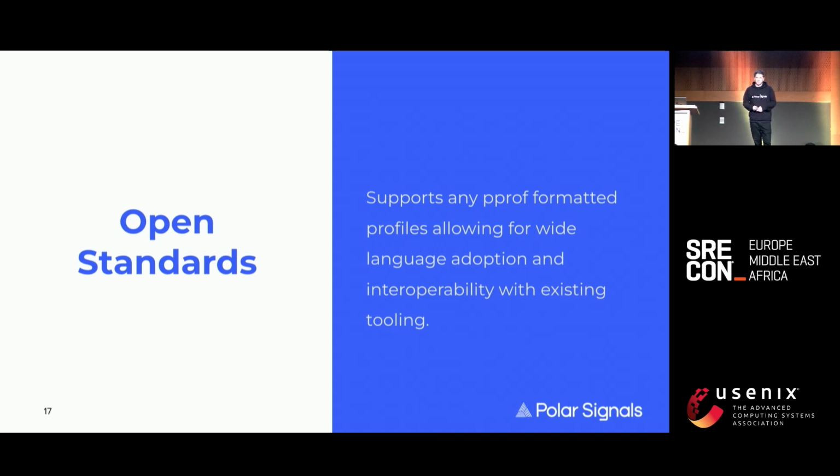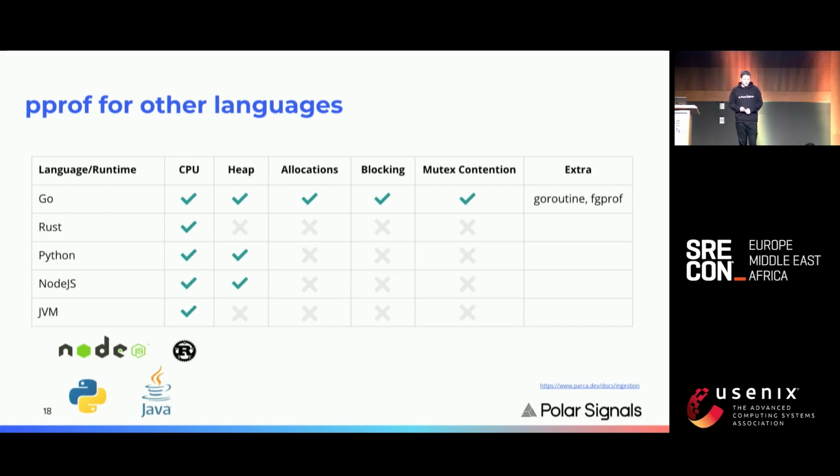It's a well-known format, I think defined in protobuf. So not only Go can use pprof, but anything can create pprof profiles using that format. For other languages, exactly. You can see just how nice it is that Go has added pprof into the runtime. There are some community projects for Rust, Python, Node.js, and also the JVM. But again, we'll talk about something eBPF based that allows you to do more things easily as well.